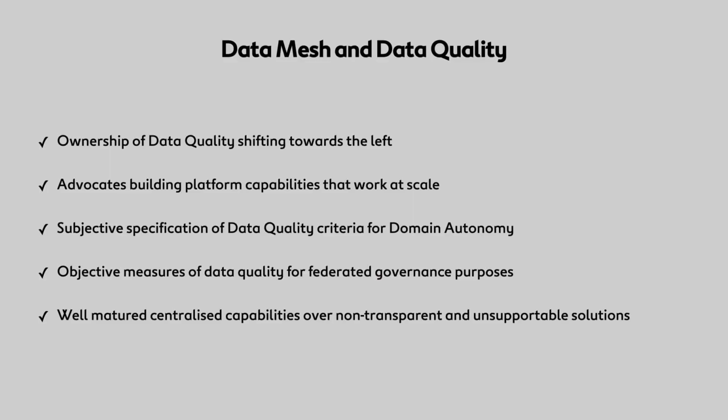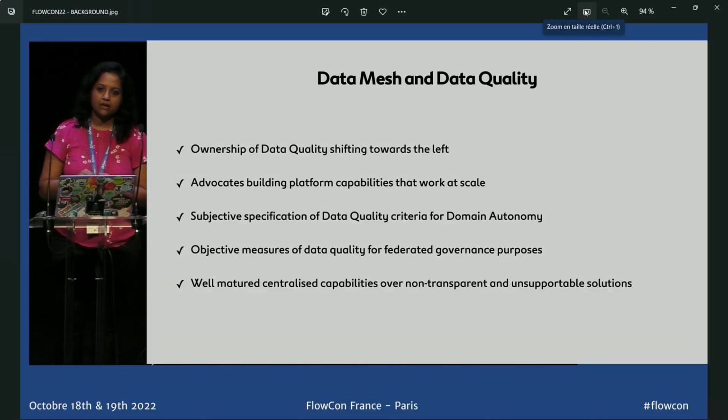So tying this back to the data quality concept we saw, where does that fit in with the data mesh architecture? Ownership for data quality in particular has shifted to the left, to be closer to the producers of the data. So the domain products and the product owners own the data, as well as giving assurance for the data quality and being responsible for it. It advocates central platform capabilities that work at scale for not just one type of data source.